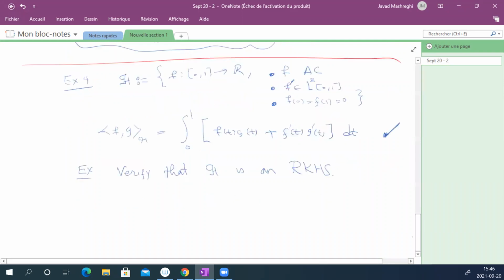That's not difficult. I mean, even the fact that evaluations are bounded is not a big deal. We can do that. And now we want to find the reproducing kernel. That is the question we want to study in detail.